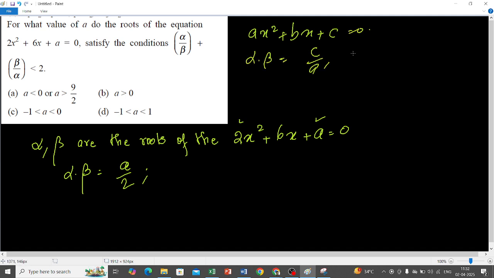C by A. And what is alpha plus beta? Minus b by A. So product of roots is A by 2. And what is sum of roots? Minus 6 by 2, that is minus 3. It is given, for what value of a will it satisfy the condition that alpha by beta plus beta by alpha is less than 2?